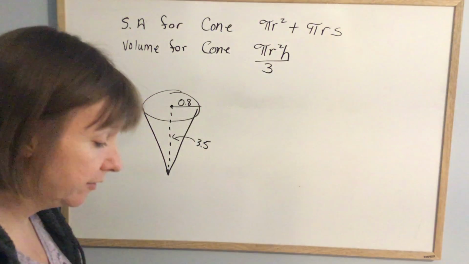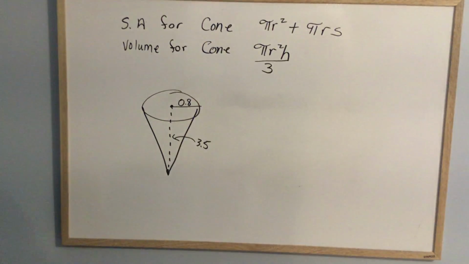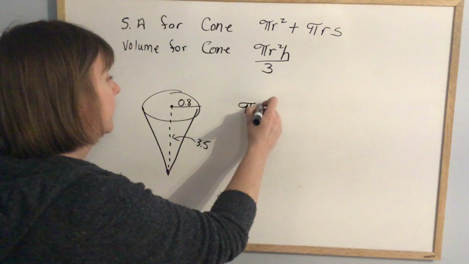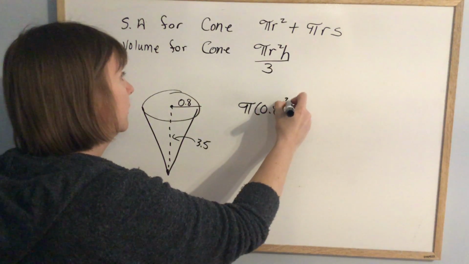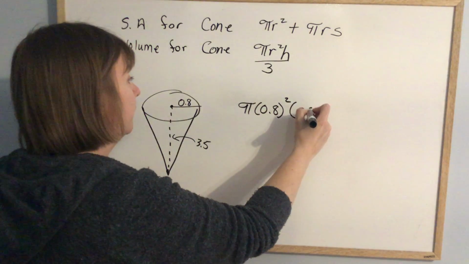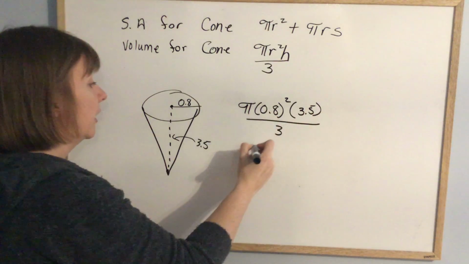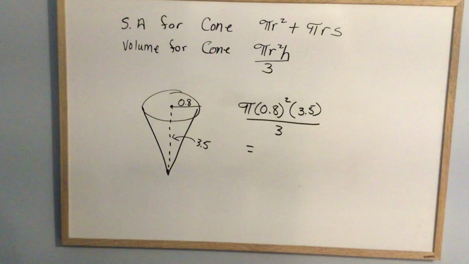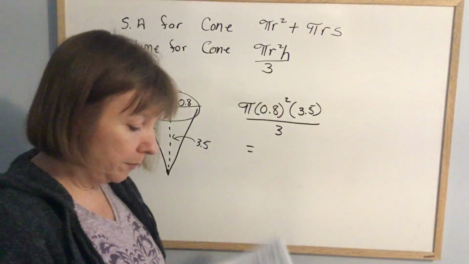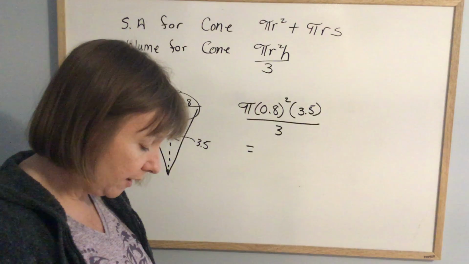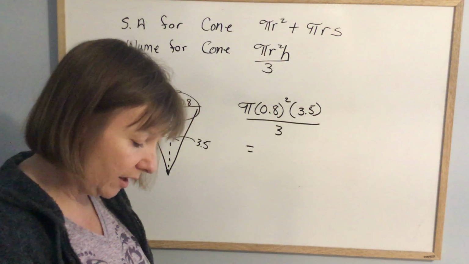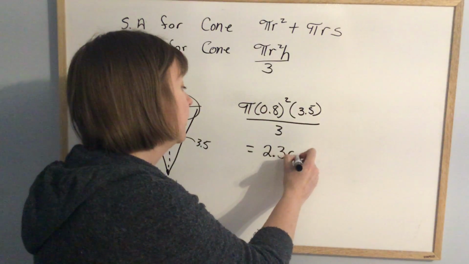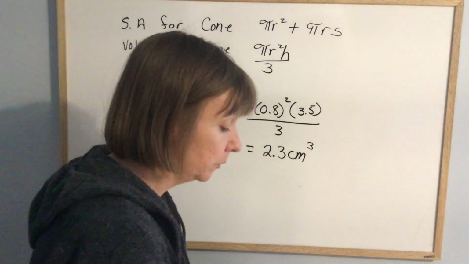That is the height. So if we want to find the volume, it is pi times r squared times 3.5, all divided by 3. So again, I would just put that in my calculator. And when I put it in my calculator, and they want us to round it to the nearest tenth again, it works out to be 2.3 centimeters cubed.